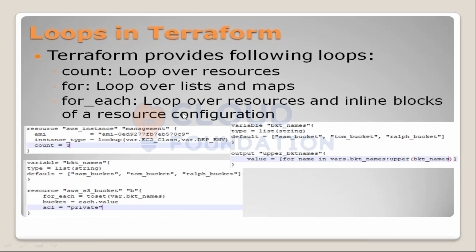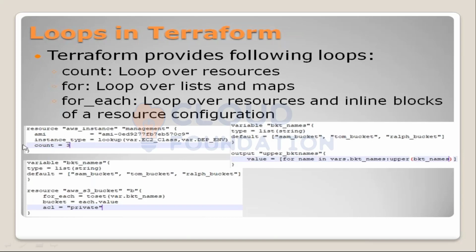Count is something that, if you put it in a particular resource block, whatever value you put, it will repeat that resource block that many times. For example, in one of the condition clauses, I have used count: if environment is dev, count equals 1, else count equals 2, like that.